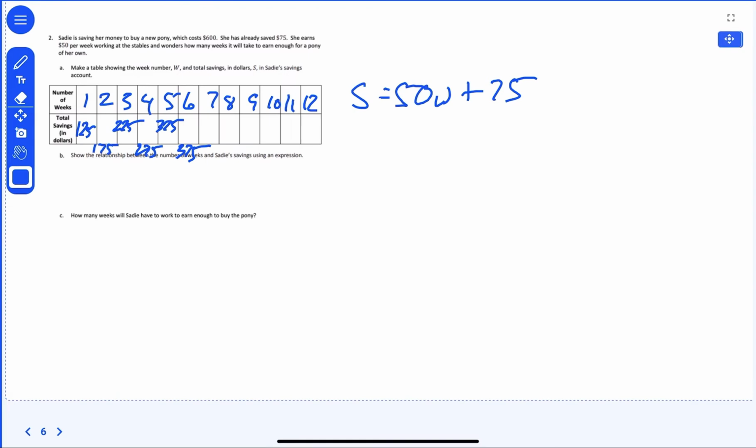Why? Because each week she's getting $50. So now at what week will she have enough to buy her pony? The 11th week. Correct. Week 11. Because she will have $625.